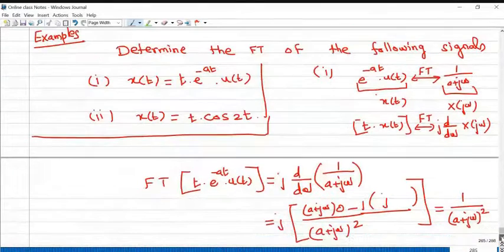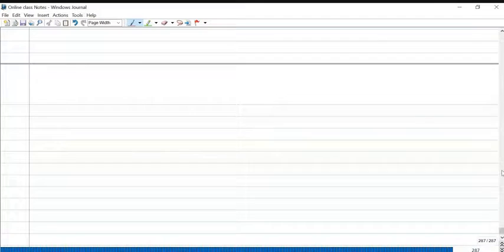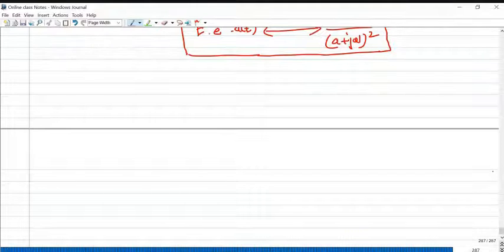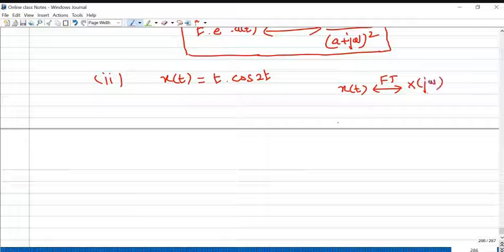Second problem, x of t equal to t cos 2t. So what the property says, x of t has Fourier transform X of j omega.